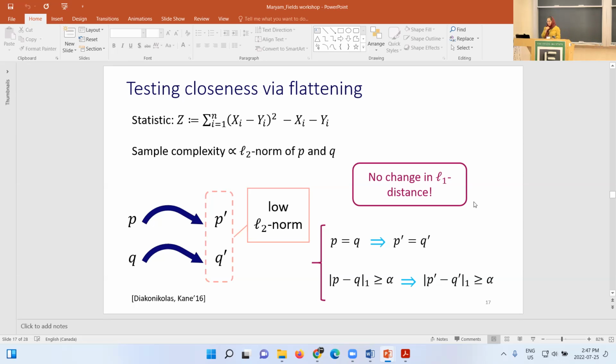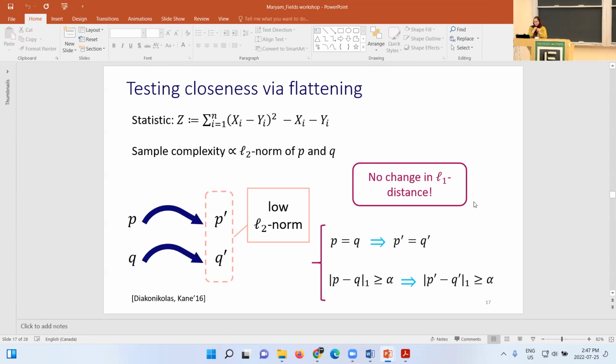The way this tester works is it takes 2 arbitrary distributions P and Q, potentially with high L2 norm, and it creates a mapping to map these distributions to 2 other distributions, P prime and Q prime, such that the L2 norms of P prime and Q prime are low.